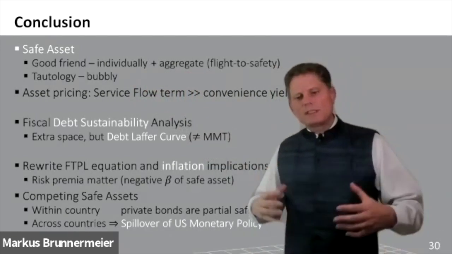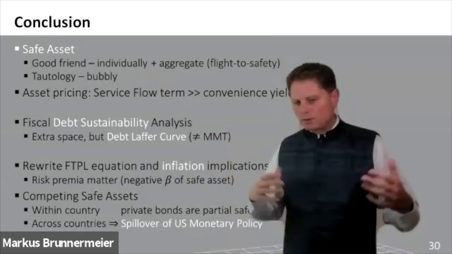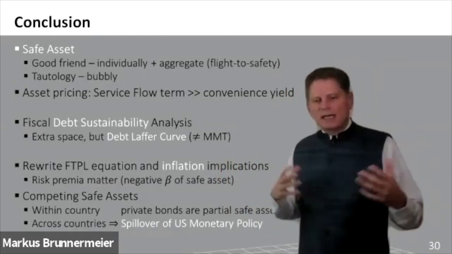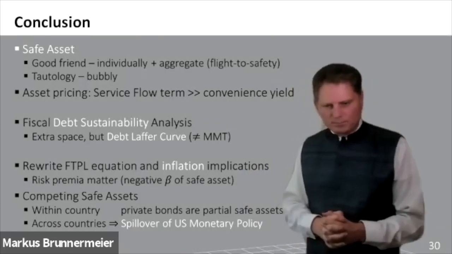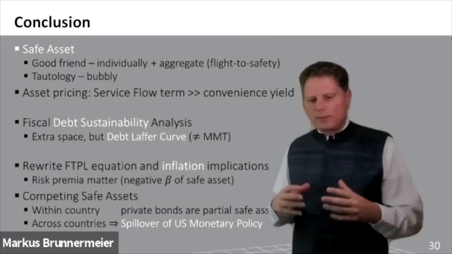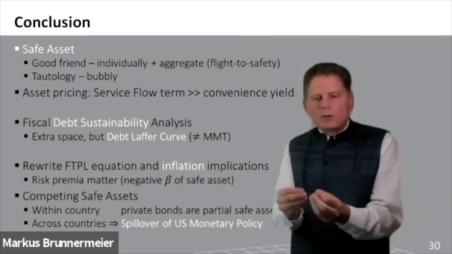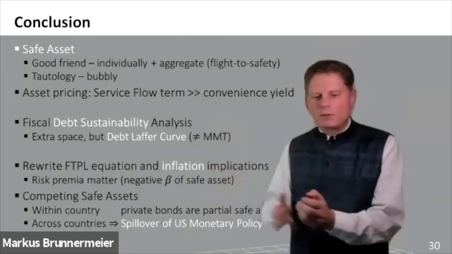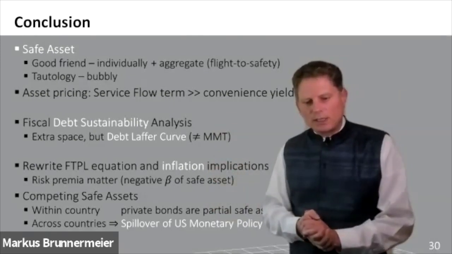And then once you move into the international sphere, or also the crypto sphere, there are different competing safe assets across countries, and there are spillovers from US monetary policy, because other countries might lose their local safe asset if the US dollar treasury becomes too attractive when the US interest rate becomes too high.